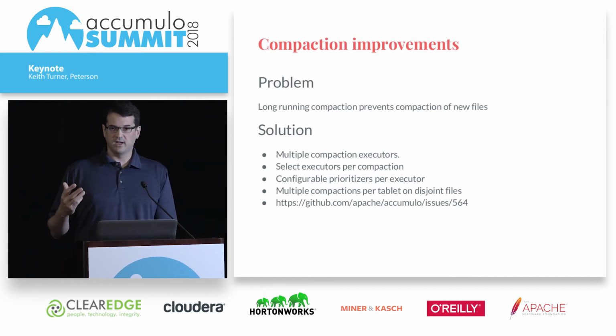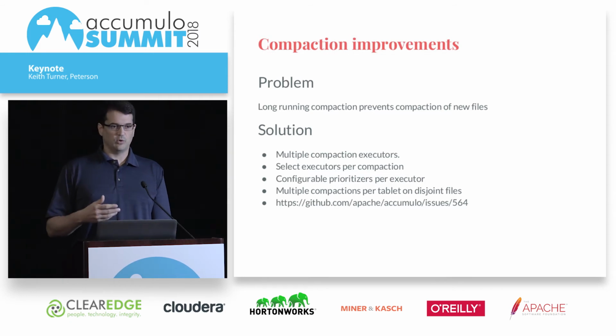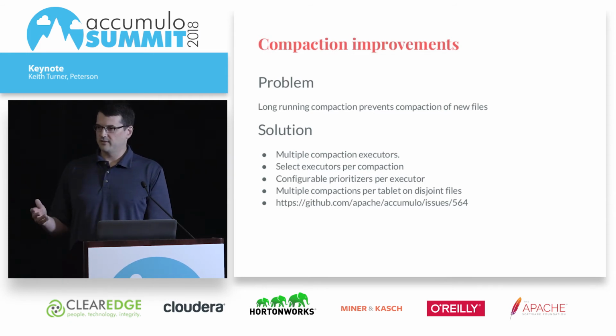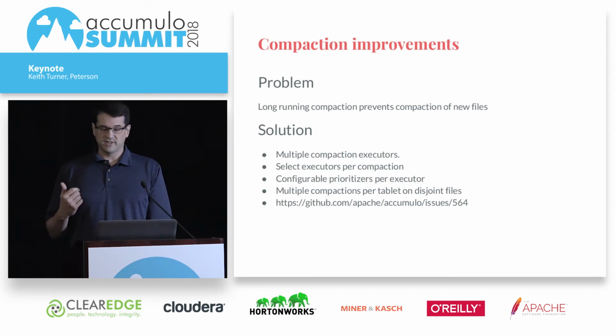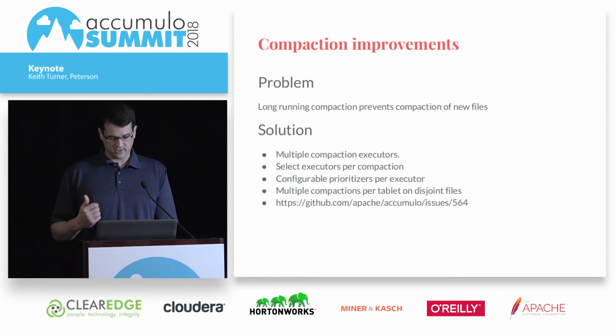If I have a tablet with three 1 gigabyte files, and the tablet's churning away compacting those, and 50 1 megabyte files come in, they can't be compacted until that big compaction finishes. So it'd be nice to allow tablets to have multiple compactions running on disjoint files, to have multiple executors for compactions, and to have prioritizers on those executors, user configurable prioritizers.